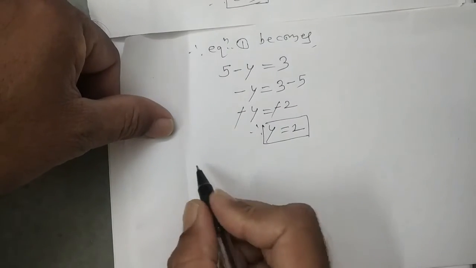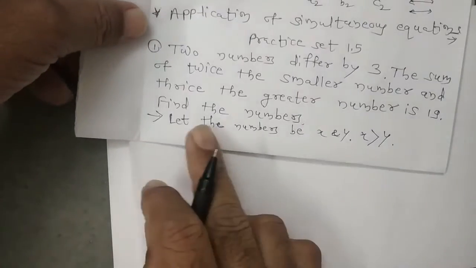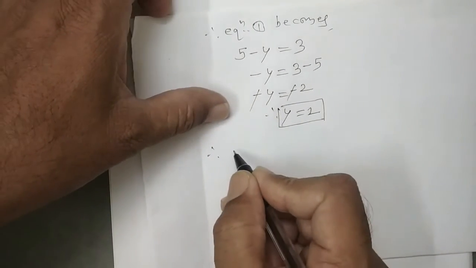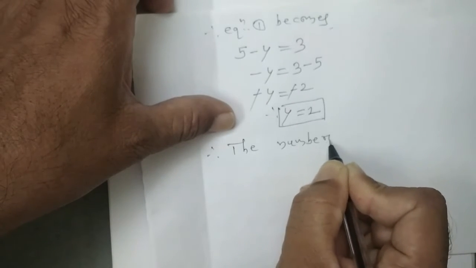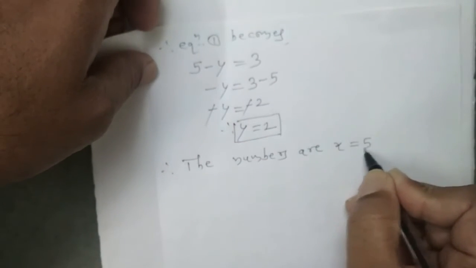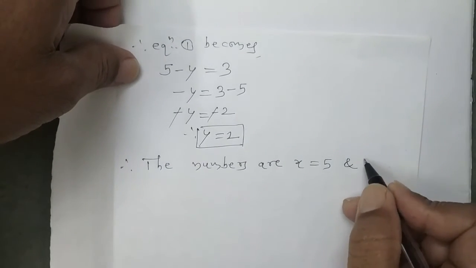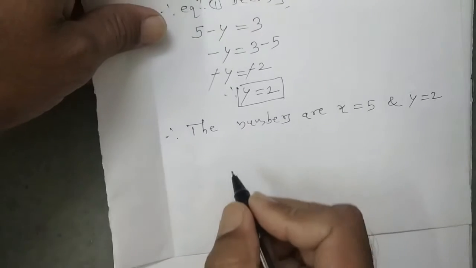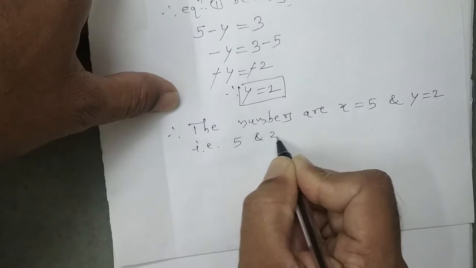Therefore write down the answer. In this example we have to find the numbers. Therefore the required numbers are x is equal to 5 and y is equal to 2, that is 5 and 2.